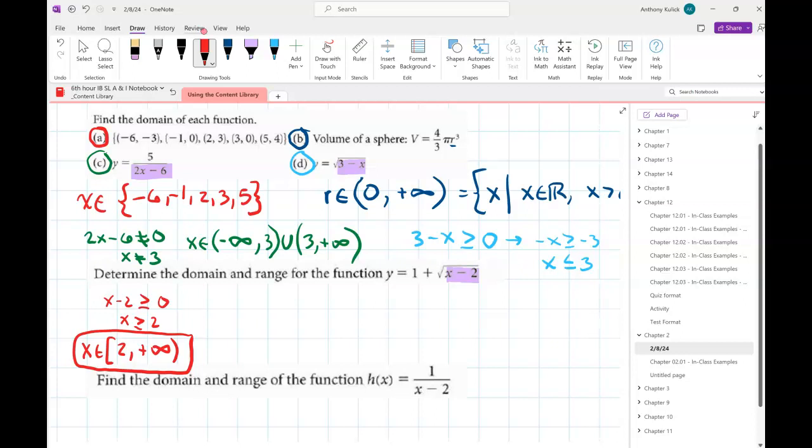So what is the smallest possible x that I could plug in here? 2. How did you find that? It's the beginning of our domain, right? When I plug 2 in here, I get 1 plus the square root of 2 minus 2. What does that turn into? 1.